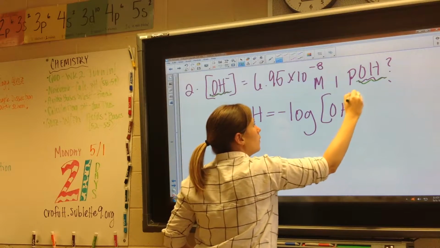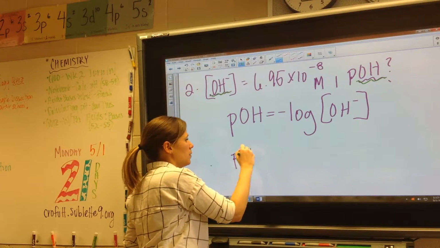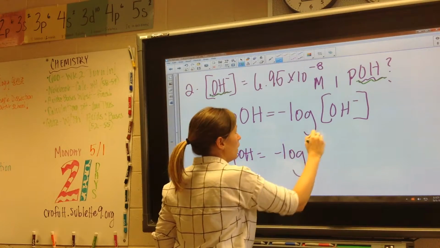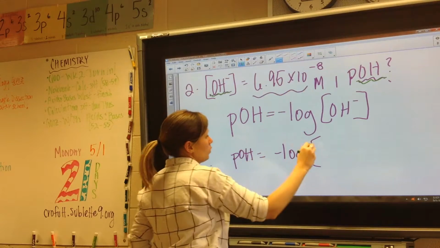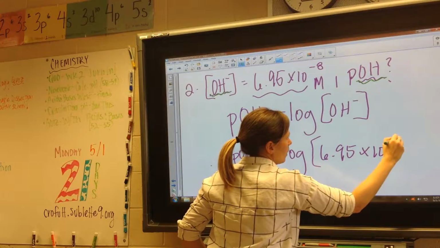Good. Okay? So all we have to do is plug in a number. So our pOH is going to be equal to the negative log of our hydroxide ion concentration, which is 6.95 times 10 to the negative 8th.